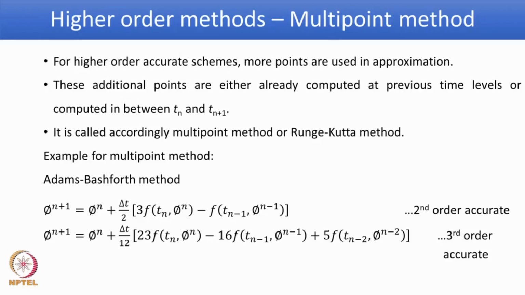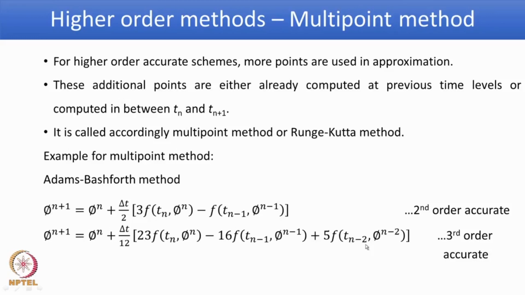It is also possible to increase, even in the Adams-Bashforth method, to the next level. There is a third order accurate one, by considering one more additional point at a much earlier time level. So, the formula is finally shown here. Phi at n plus 1 is related to phi at time level n, then phi at time n minus 1, then phi at time n minus 2.